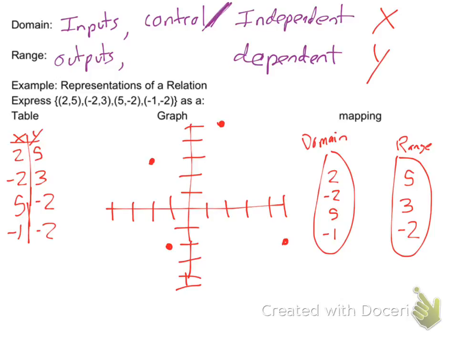So now I just have to connect them. 2 goes to 5. Negative 2 goes to 3. 5 goes to negative 2. And negative 1 also goes to negative 2. That is a mapping.